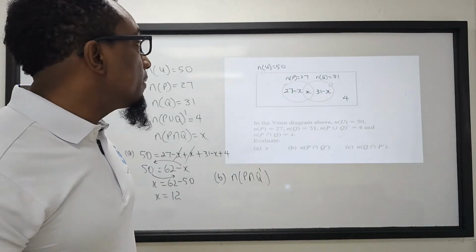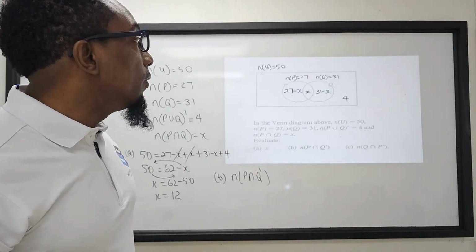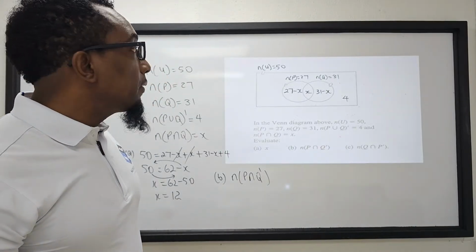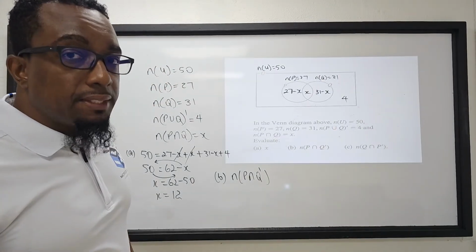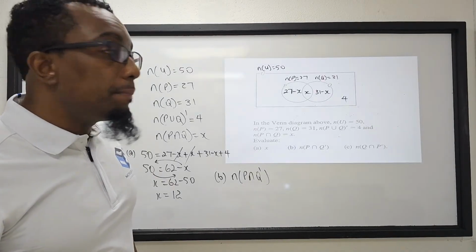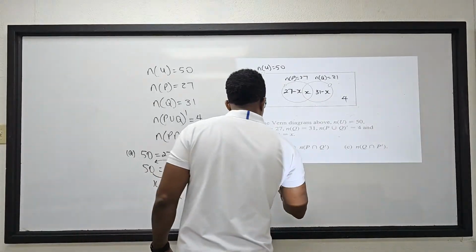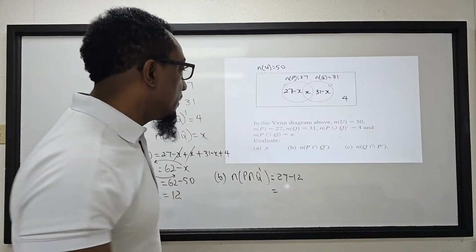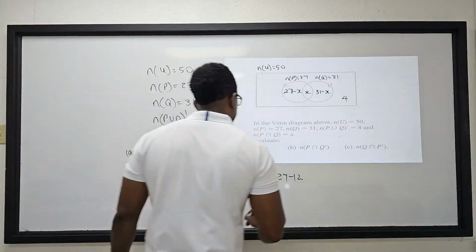So for us to determine the number of students who play the piano only, which is this here, 27 subtract x, because I know x is equal to 12, I just calculated x as 12, then I can determine the number of students who play the piano only, which is 27 subtract 12. And that will give me 15 students.